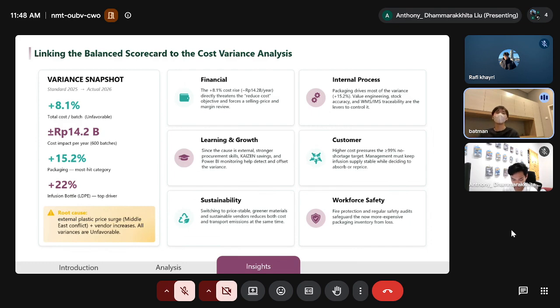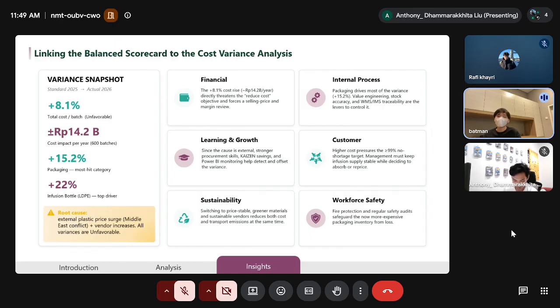Now, from each BSC perspective: on the financial side, this cost rise threatens the reduced cost goal and forces management to review selling price and margin. On the internal process side, since packaging drives the variance, value engineering and better traceability are the tools to control it.